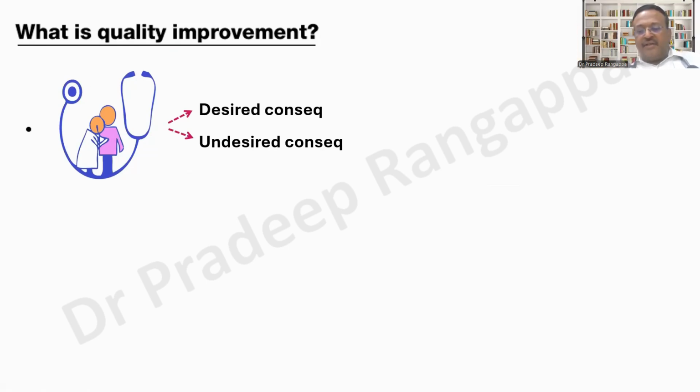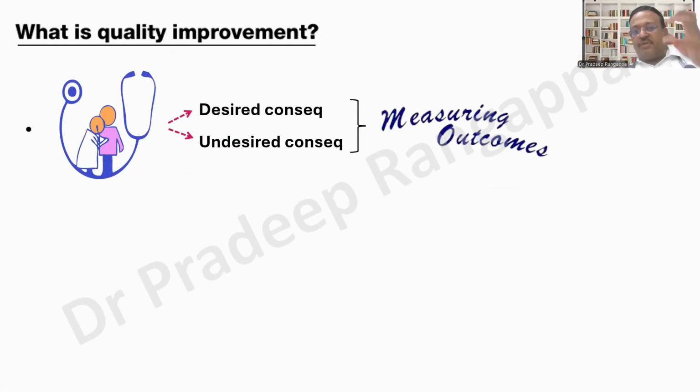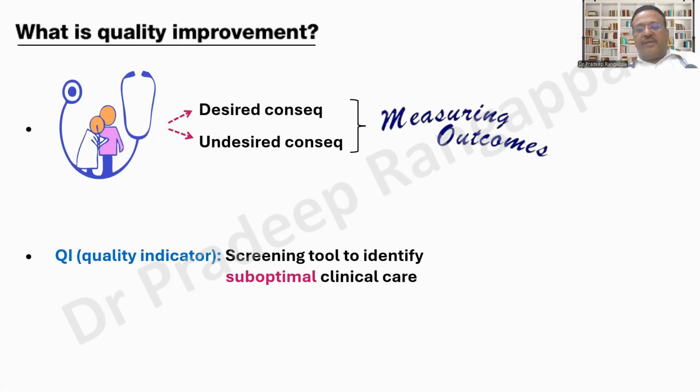Quantifying and measuring outcomes of these desired and undesired consequences is what leads to quality improvement. So when we say quality improvement or quality indicator, it's a screening tool to identify suboptimal clinical care: to identify the gaps in the care that have led to an undesired outcome, and plugging those gaps is what quality improvement is all about.